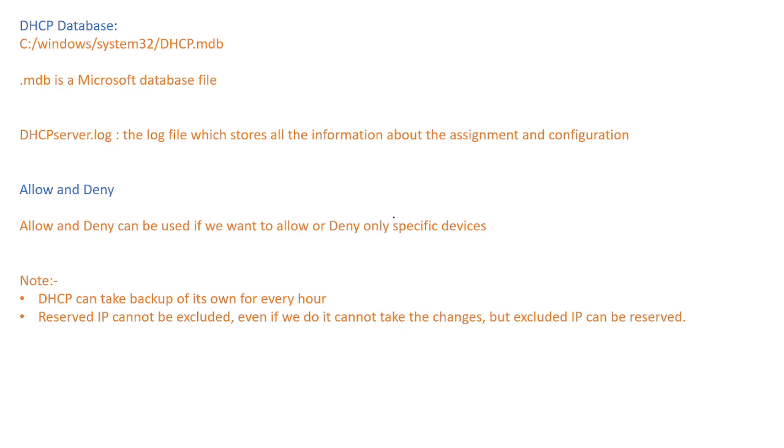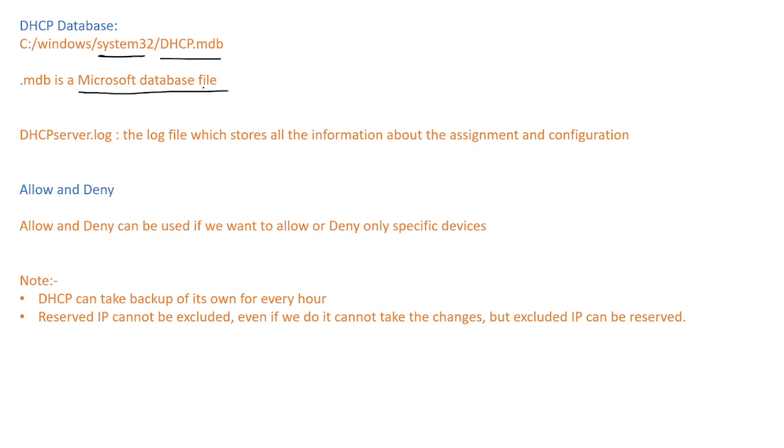Next one is the DHCP database. The DHCP database resides in system32, under the root folder of your operating system, in a file called dhcp.mdb. That is dynamic host configuration protocol dot Microsoft database file. The .mdb is nothing but a Microsoft database file extension.